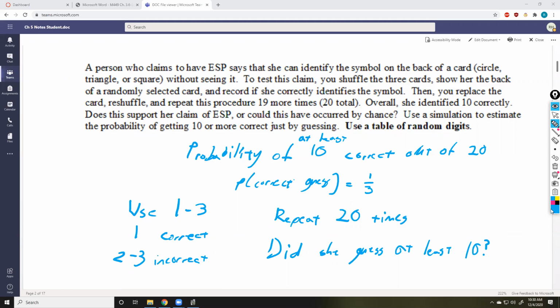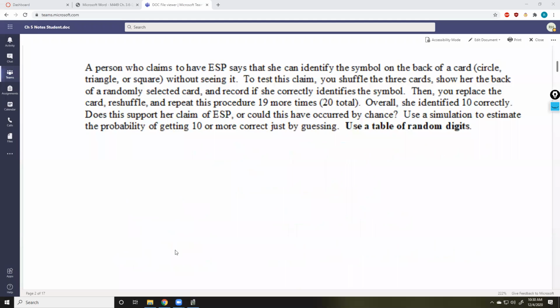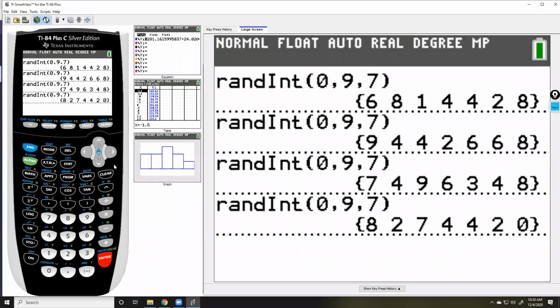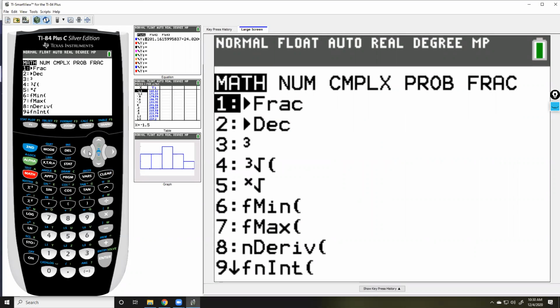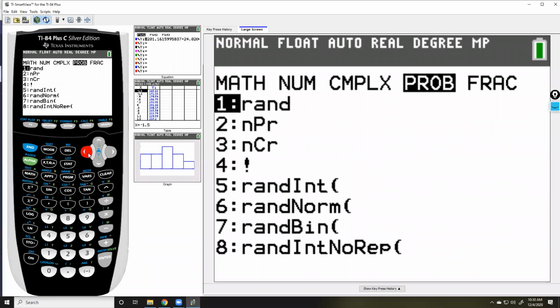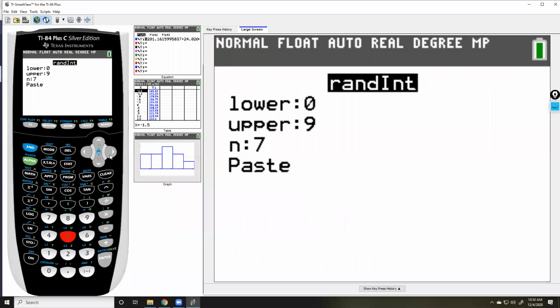So that's what we're going to use random INT to do. We're going to go on random INT again. So we're going to go to math, over to probability, and then 5 for random INT. This time we're just going to go from 1 to 3. So lower is 1, upper is 3. Our N, how many of them do we want? This time we want 20 of them.